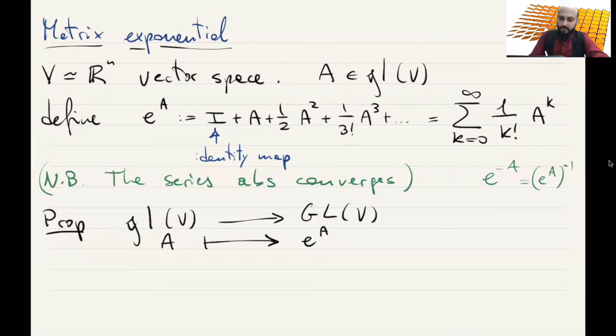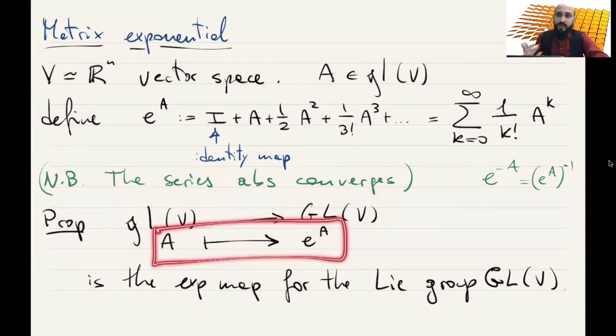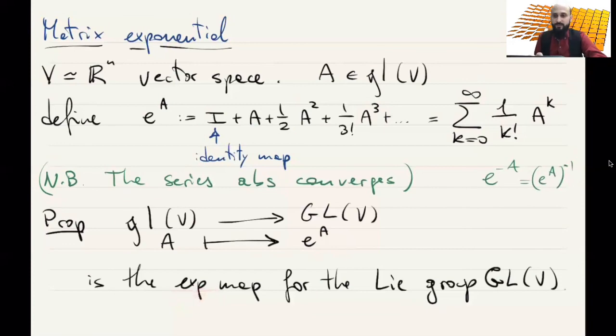Then this map is actually the exponential map for the Lie group GLV. So this is a Lie group, this is its Lie algebra, and this map is the exponential map. Actually, that's why the exponential map for an arbitrary Lie group is called the exponential map, because it's a generalization of this theory.